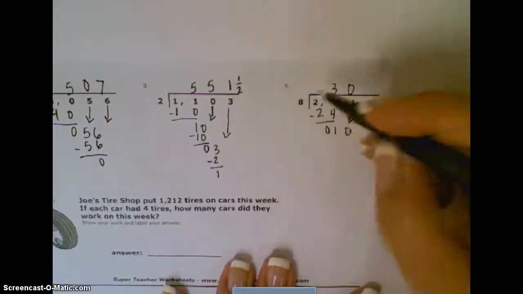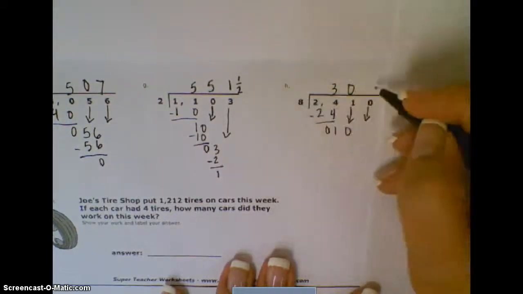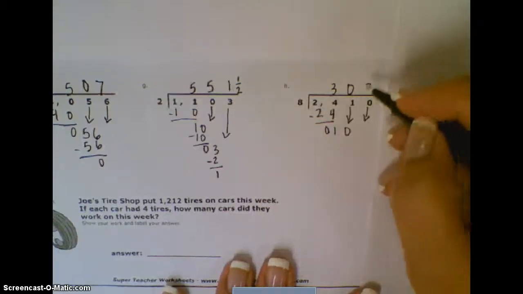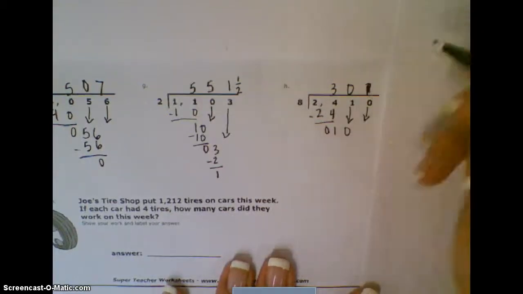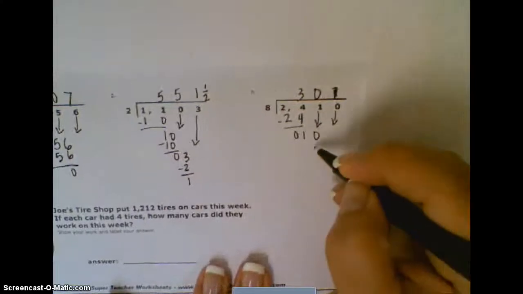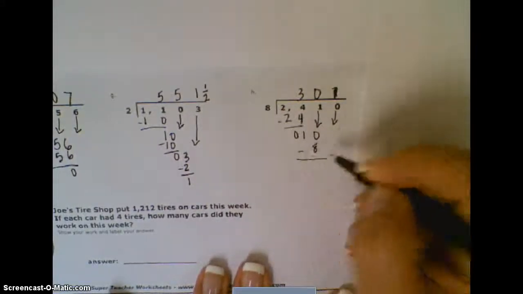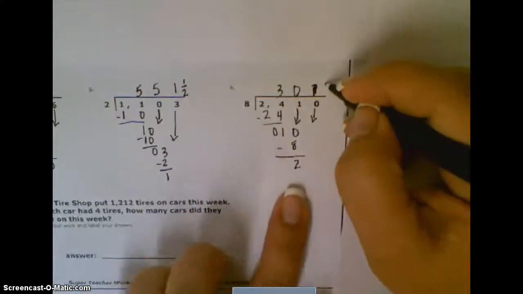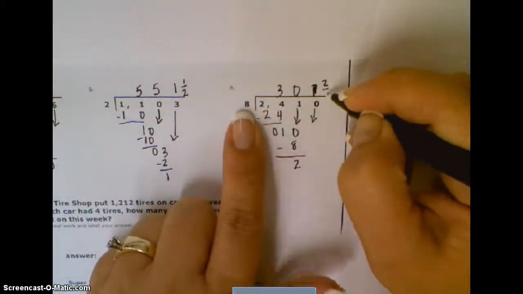It's getting kind of spread out here. 8 times 1 will equal, I almost did 2. 8 times 2 would be 16. That's too big, so I want to go with 8 times 1. 8 times 1 is 8, and I subtract, and I get a remainder of 2. So 301 and 2 over 8, 2/8.